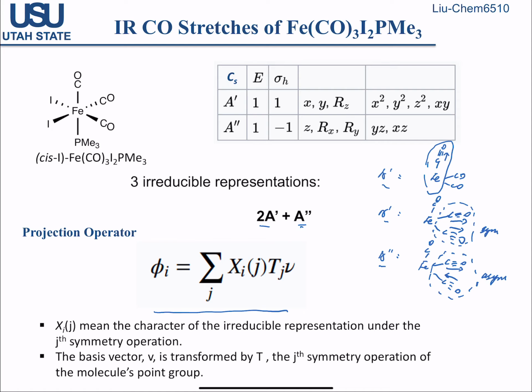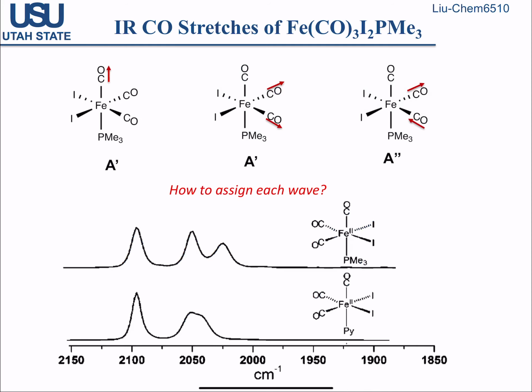Okay, then let's look at what are the experimental data. Let's see that. Okay, you can see here is the CO stretch mode for A prime, second A prime, and the A double prime.